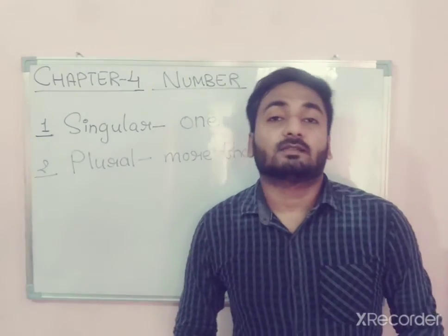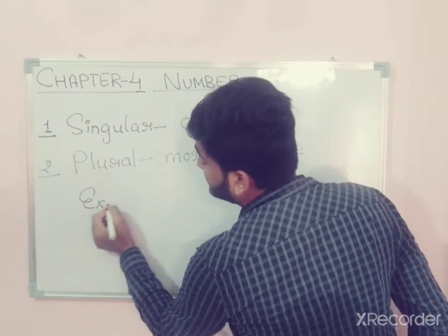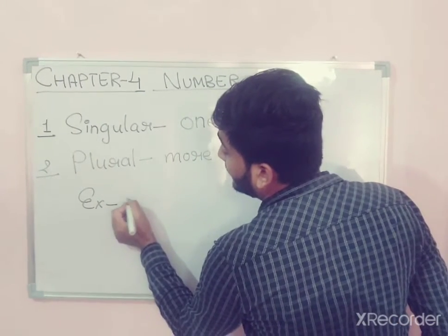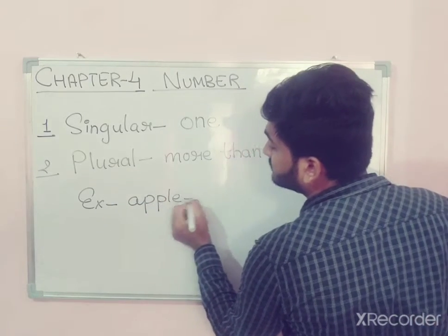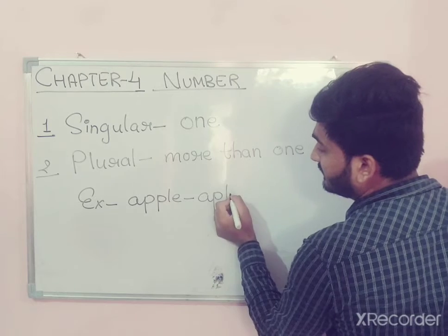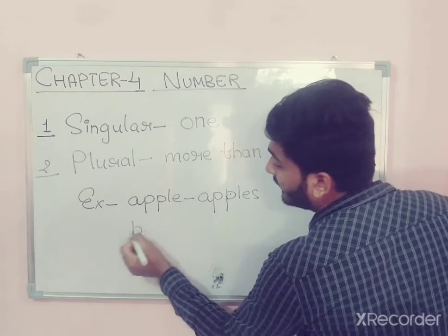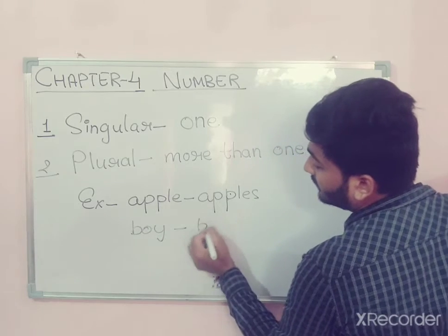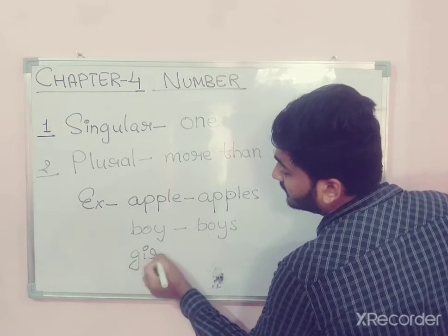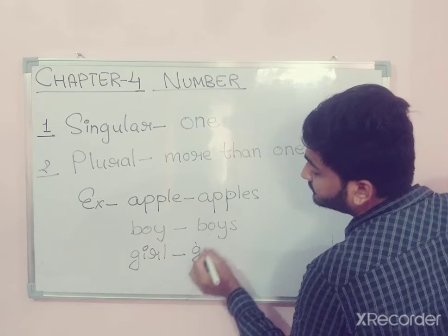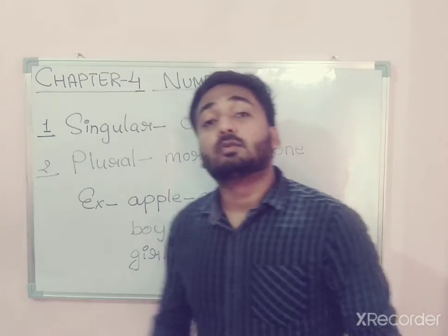Okay. So look at these examples. Apple, apples, boy, boys, girl, girls. Like that we can take more.